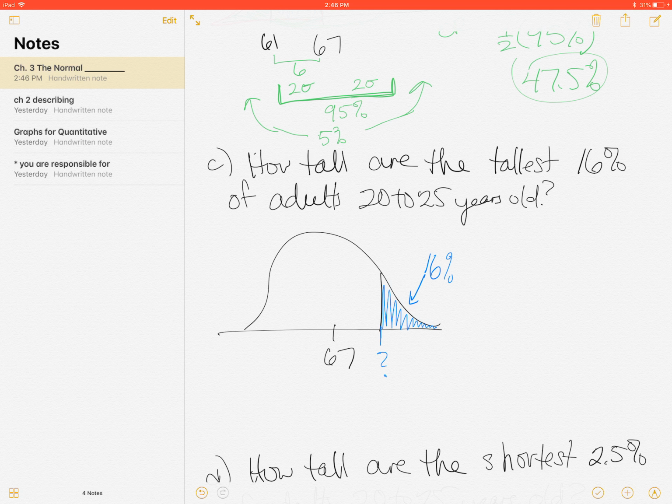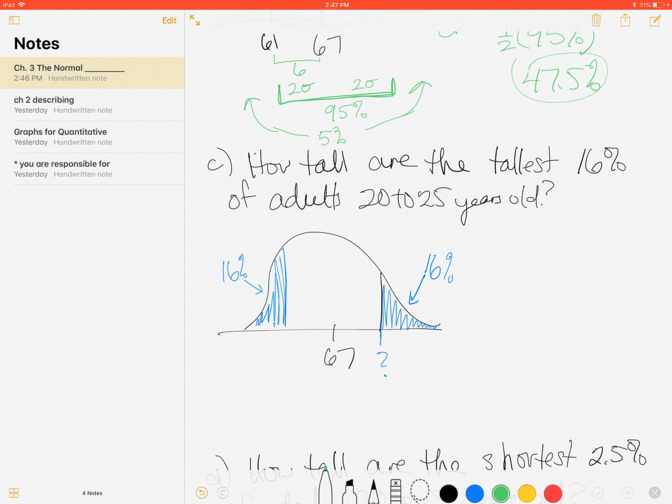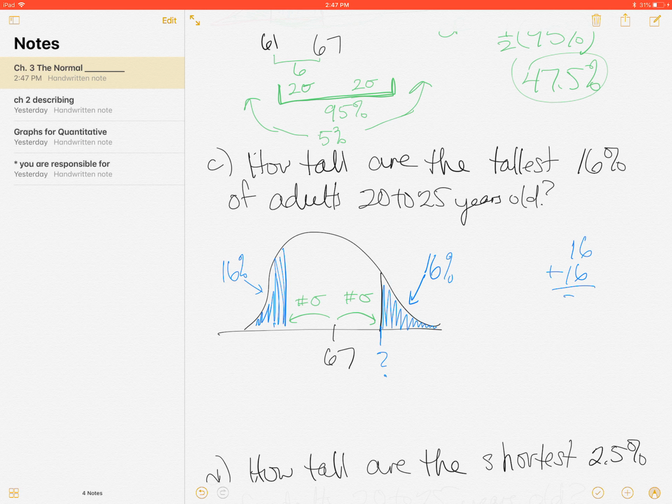So let's just do some experimenting really quick. If that tail is 16%, then this tail would also have to be 16% because they would match. They don't look like they're matching because I did a horrible picture drawing this. And when I do that, I'm assuming that I went out the same number of sigmas in either direction. I just don't know how many sigmas it is. So the blue area is currently 16 plus 16 is 32%.